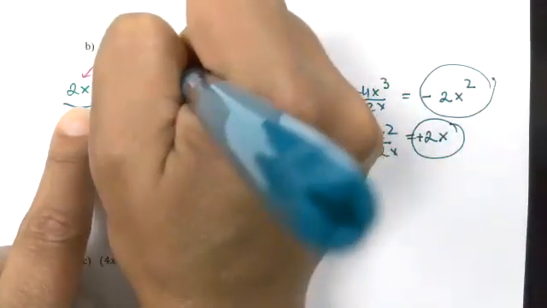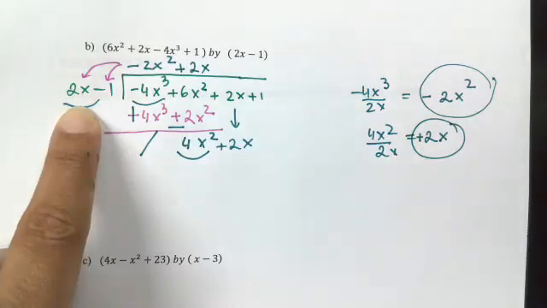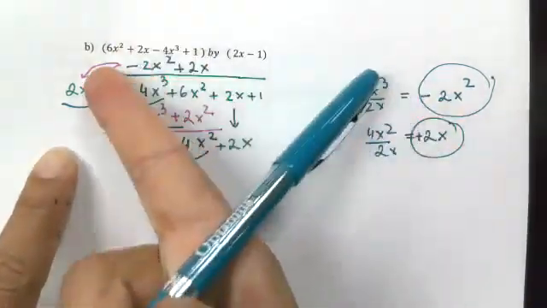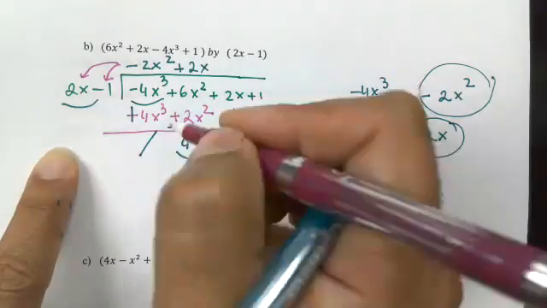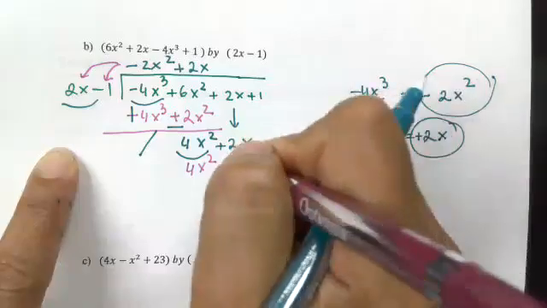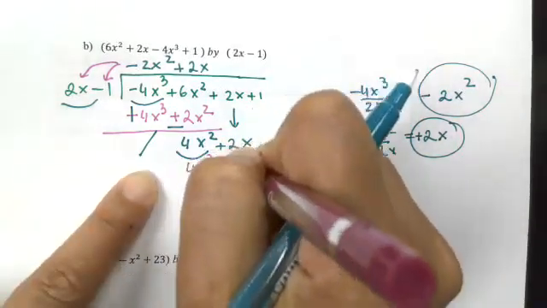Positive 2x plus 2x there. So far, so good? Okay. Multiply. 2x times 2x is 4x squared. 2x times negative 1 is subtract 2x.